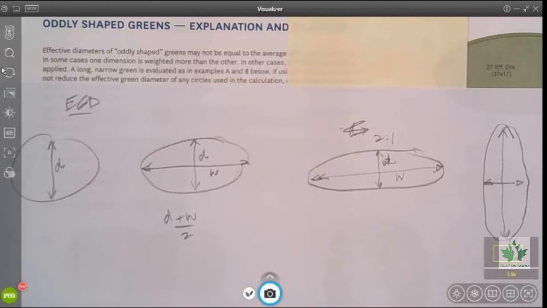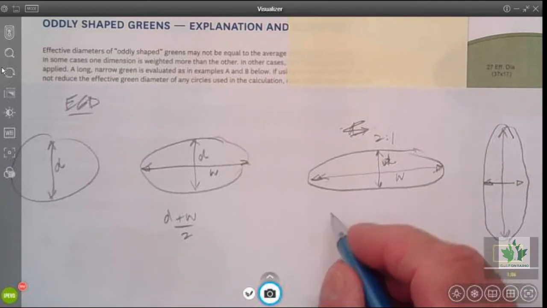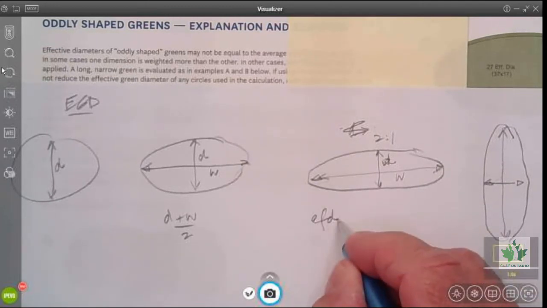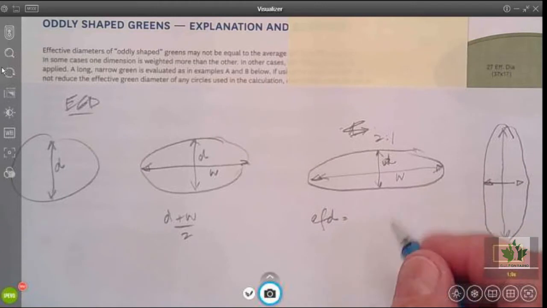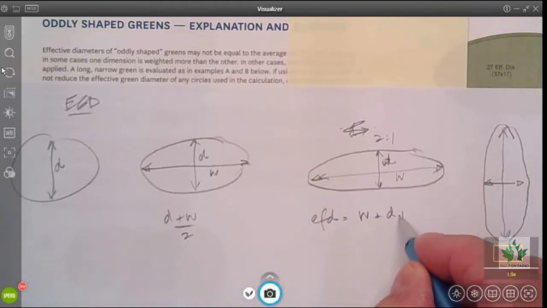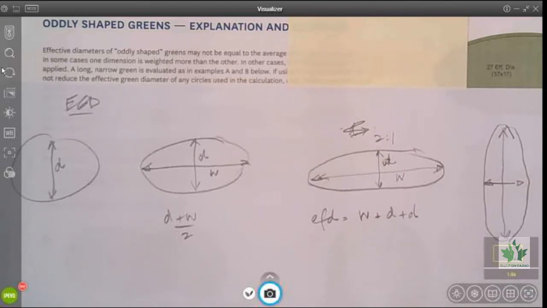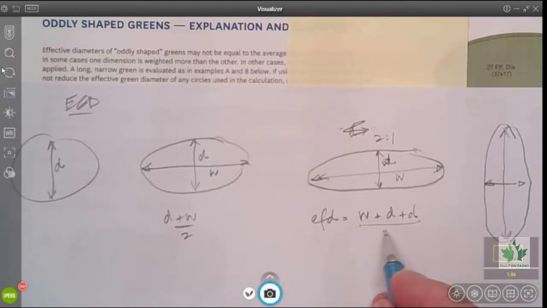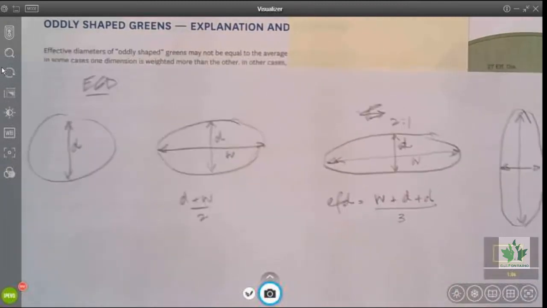And here we make use of something that we do quite frequently in course rating, and that would be a weighted average. So the effective green diameter in this case is the long measurement, W, plus twice the short dimension divided by 3. And I gave a couple of examples in the workbook.